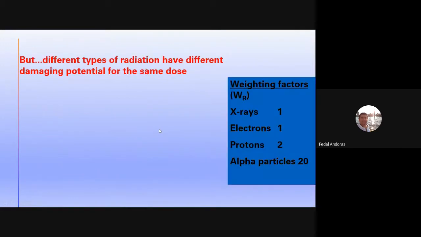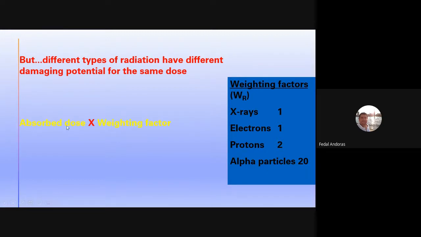Okay, but different types of radiation have different damaging potential for the same dose. These are called weighting factors. X-ray weighting factor is 1. Electron weighting factor is 2. Proton is 2. Alpha particle is 20. For every radiation, because we are dealing with X-ray, we have to multiply the absorbed dose by this weighting factor.